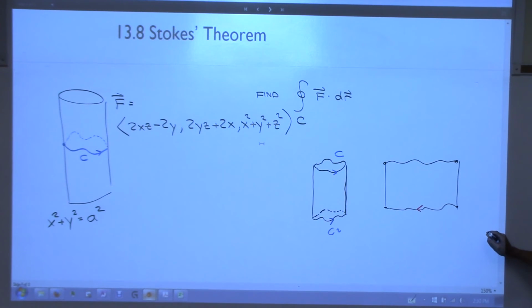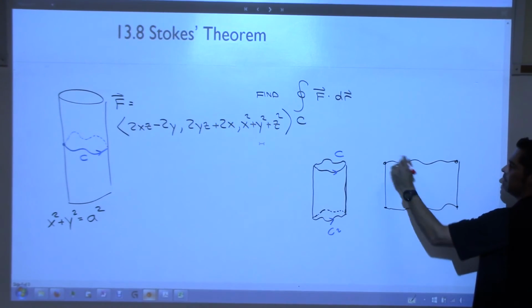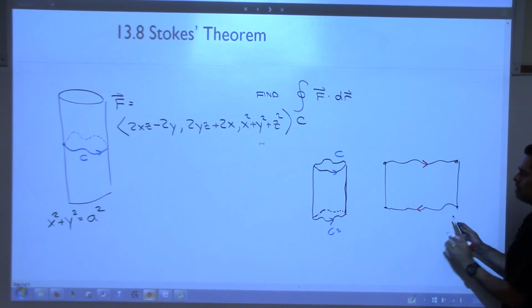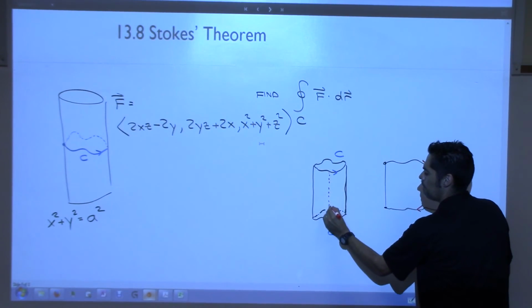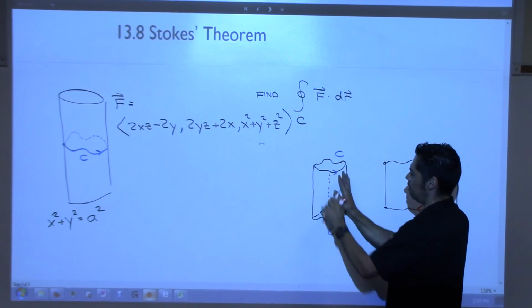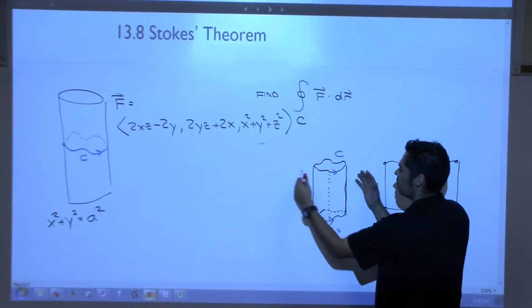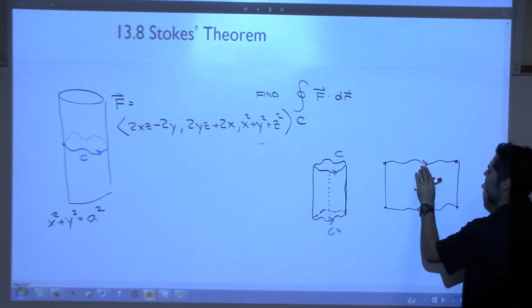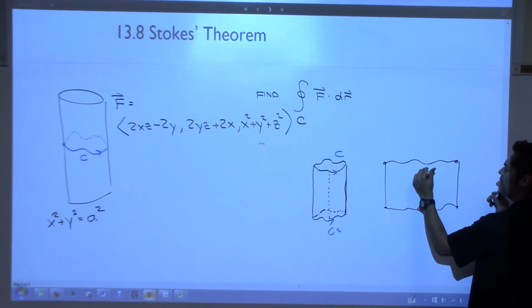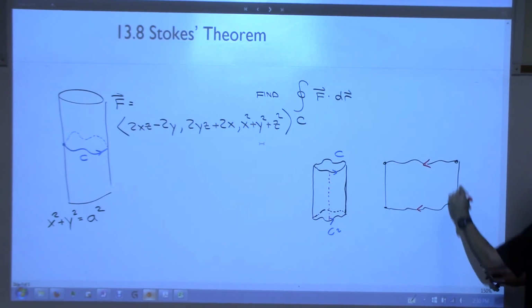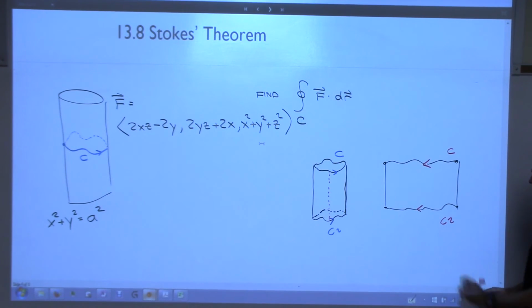Which direction is C1 in? Or C? Would it be this one? See, look, what I did is I cut it right here. I cut it, and I just laid it open like this. Right? Hold on. This one is, yeah, this direction. C and C2. All right?